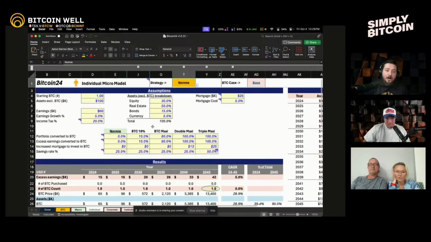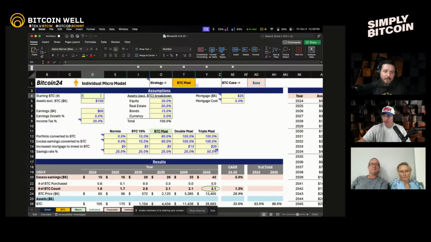Now, what's really awesome about this calculator is it allows us to plug in different things. If you're tuning into this show, I'm going to make an assumption that you're a Bitcoin maxi. How Saylor defines a Bitcoin maxi is someone who has 80% of their portfolio in Bitcoin. So let's mess around with his model a little bit.